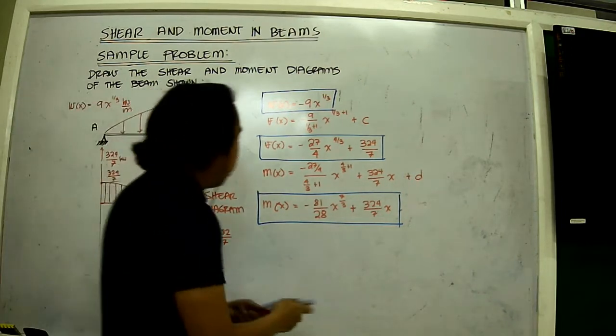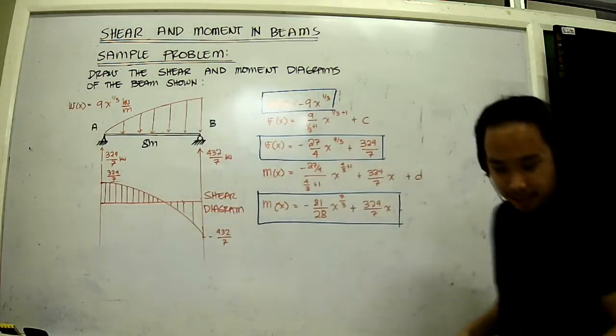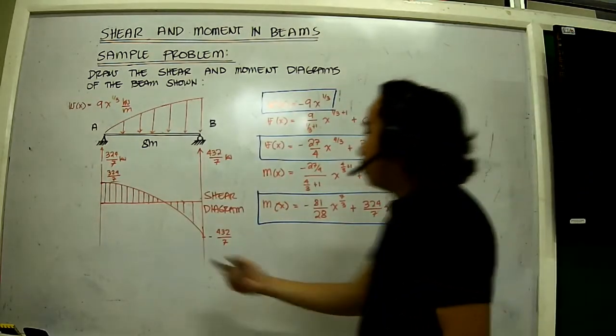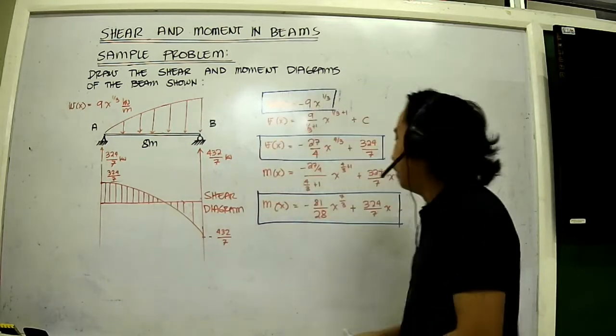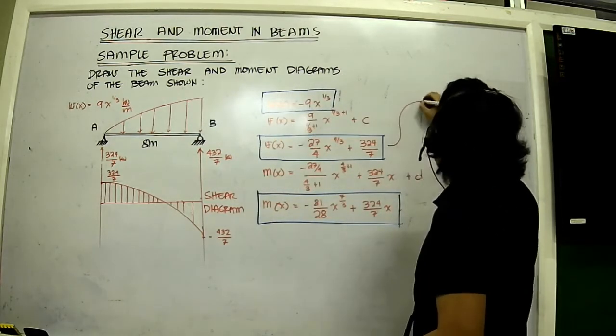Now, I would like to grab this again. We need to know the value here when shear is equal to 0. I get this shear equation over here.